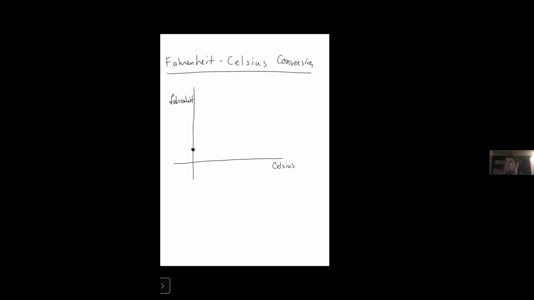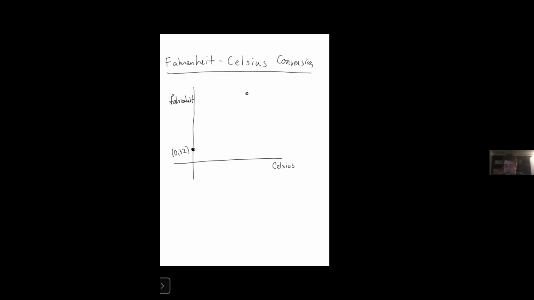Water melts at 32 degrees Fahrenheit, which is also 0 degrees Celsius. So that gives us this point, 0 Celsius, 32 Fahrenheit.